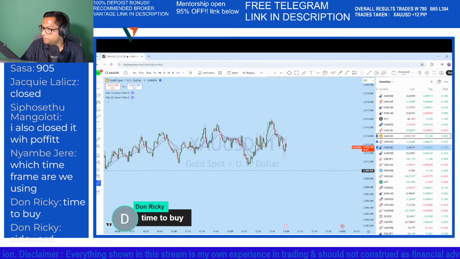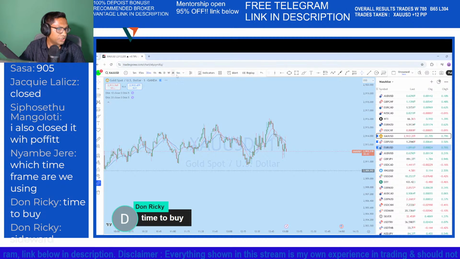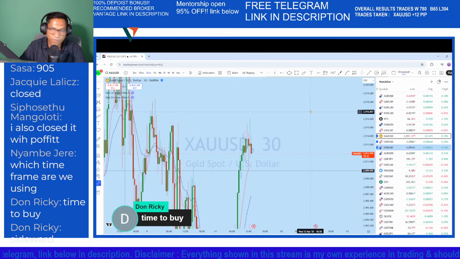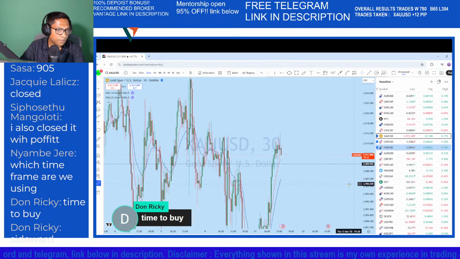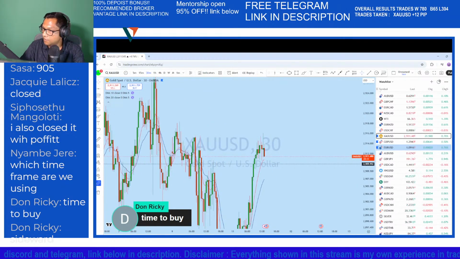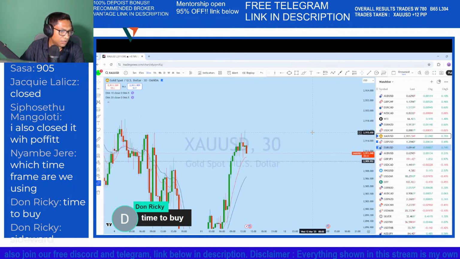Some drop possible. I think we might see some short-term downward pressure as... some short-term drop possible here. But we will be waiting to see for an entry.